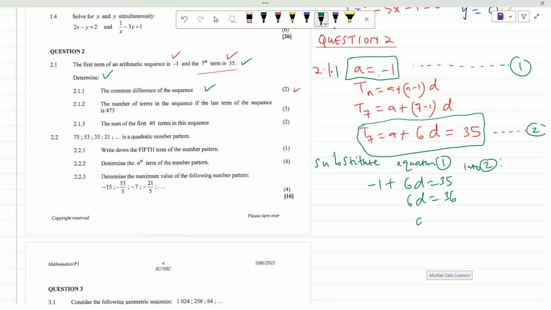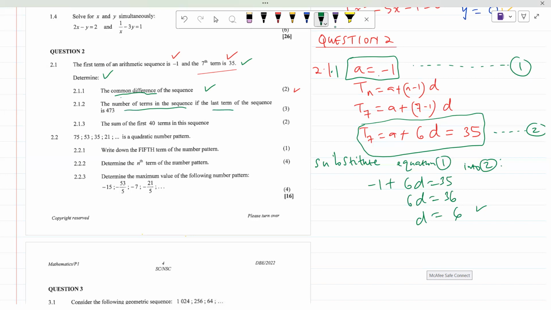You divide through by 6. What is 36 divided by 6? It is exactly 6. So we were to find the common difference of the sequence, and therefore the common difference is exactly 6.